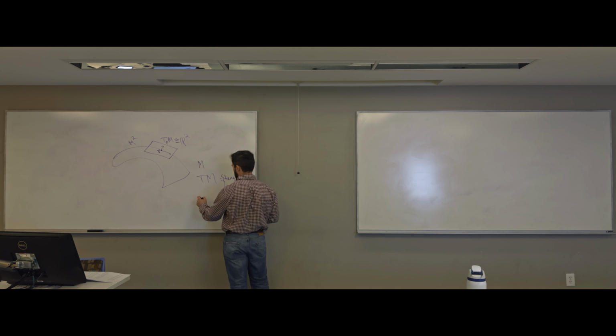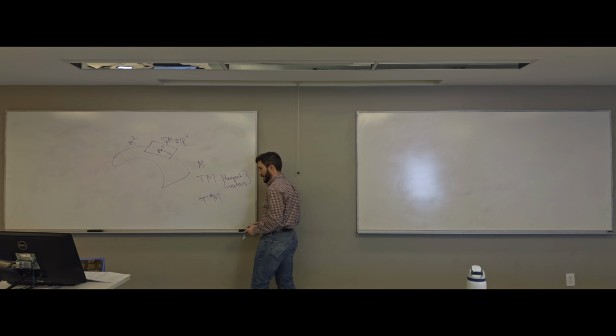So let's define something called the cotangent bundle. And you just write it this way. So this forms covectors, or I should say, on the tangent spaces along the tangent bundle.